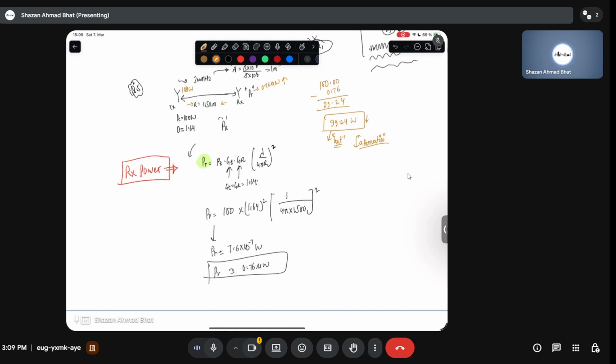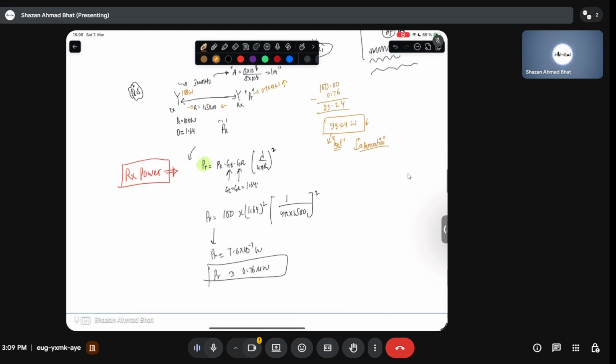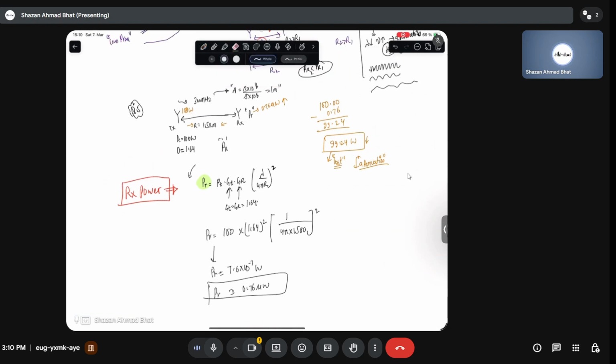So the received power will be 0.76 microwatts, which is a very small fraction of the power. Pardon me, I made a mistake, this is microwatts.